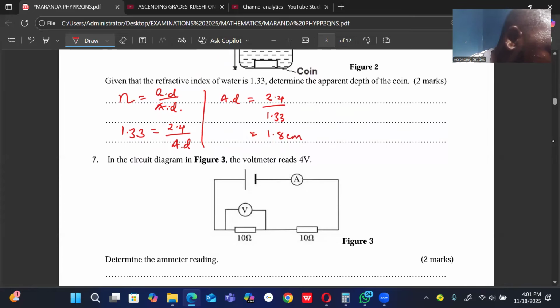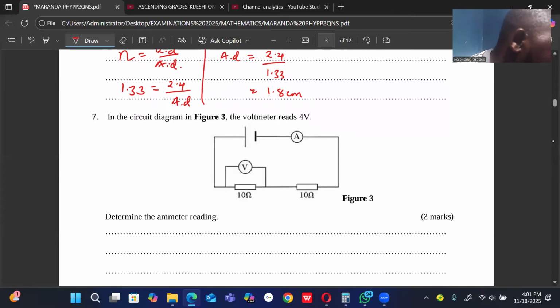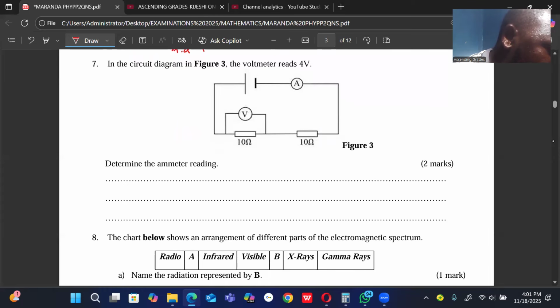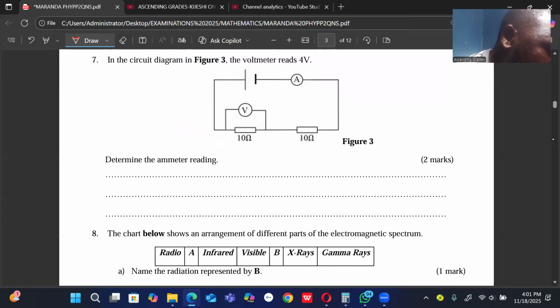Then we have question 7, which reads, in the circuit diagram shown, the voltmeter reads 4 volts. We have 2 resistors which are connected in series, each of 10 ohms. Then we have a connected ammeter.